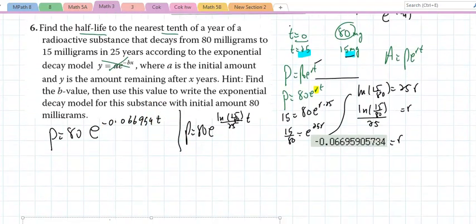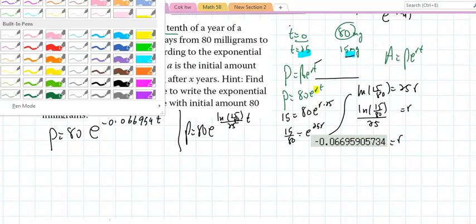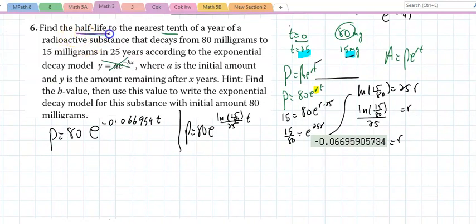If I look at this problem, what are they asking? They're saying find the half-life. If you start with 80 milligrams, then isn't half 40? Find the half-life. How long does it take for that to happen? You could use this, there's nothing wrong with that.